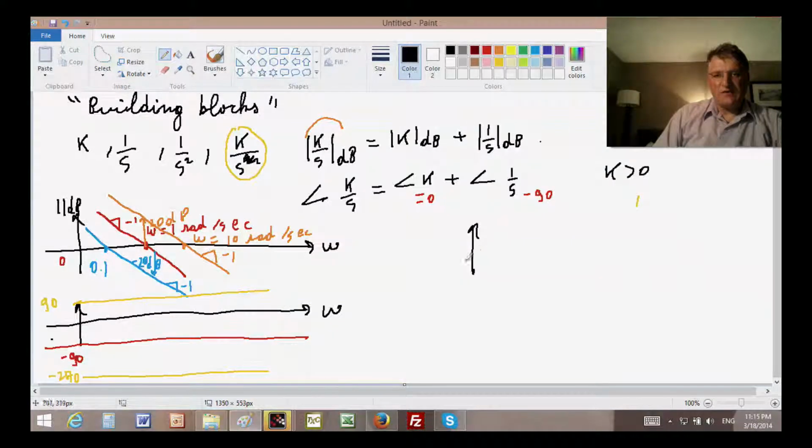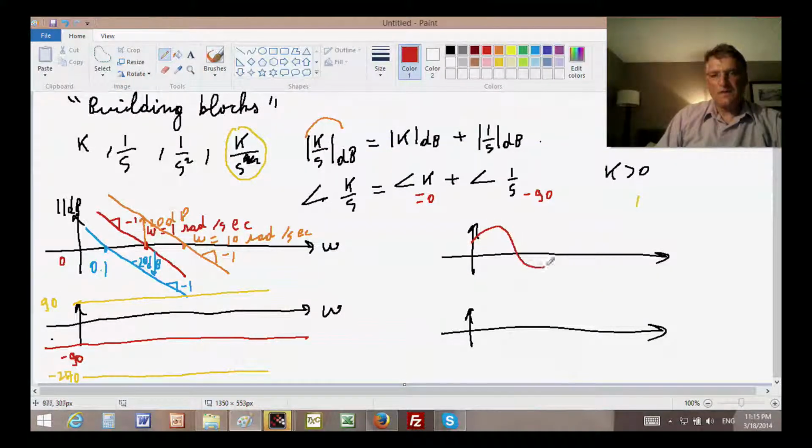So here is my magnitude, here is my phase, and let's say my h does something like this, which is a very inappropriate drawing, but that's okay.